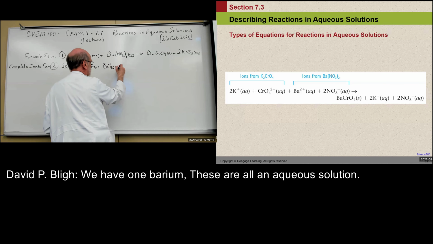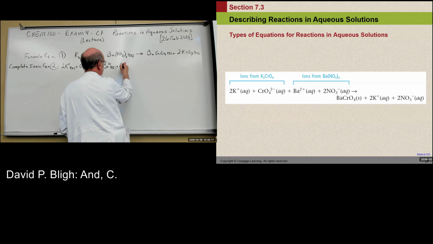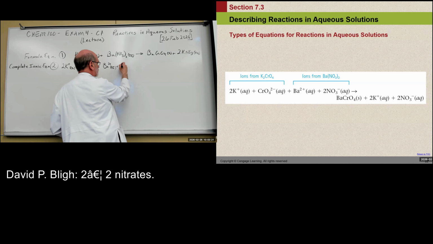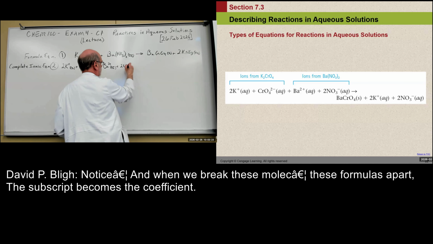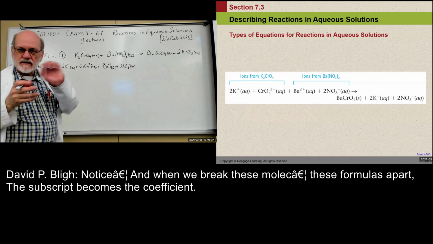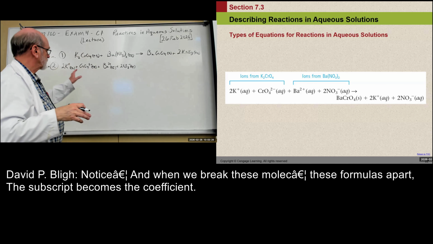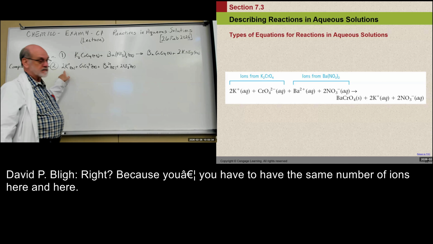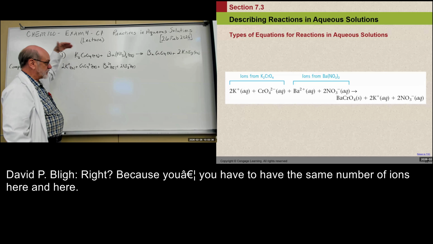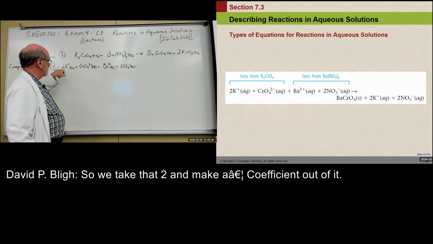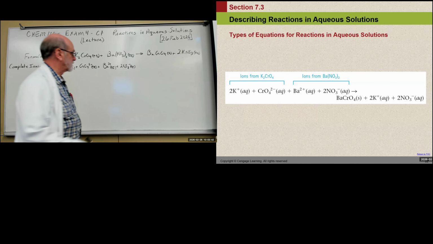These are all in aqueous solution. And let's see, two nitrates. Notice that when we break these formulas apart, the subscript becomes the coefficient, right?